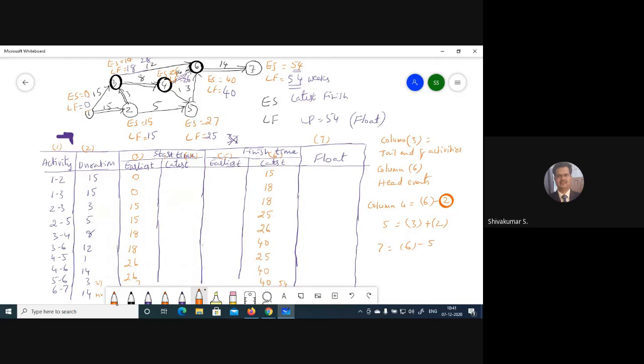Column 4 now: column 6 minus column 2. So 15 minus 15, 0. Next, 18 minus 15, it is 3. 18 minus 3, it is 15. Next, 25 minus 5, it is 20.